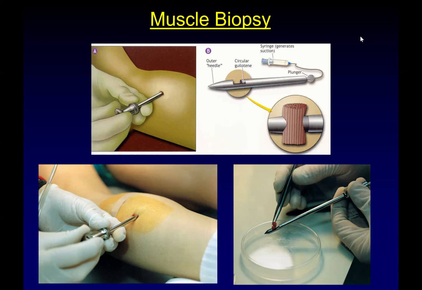Then you drop the plunger, the guillotine, and it cuts off those fibers. When it pegs out, it's this little piece of muscle. It looks like the eraser on a pencil. And again, some poor grad student pulls that thing out. We would mount it on a popsicle stick.